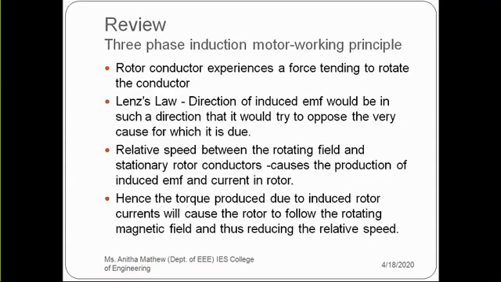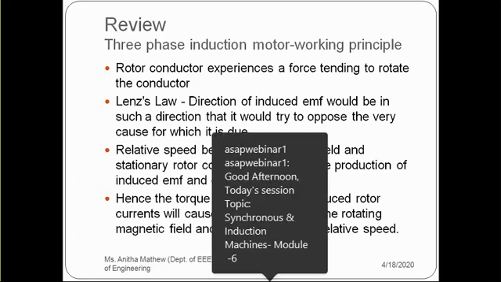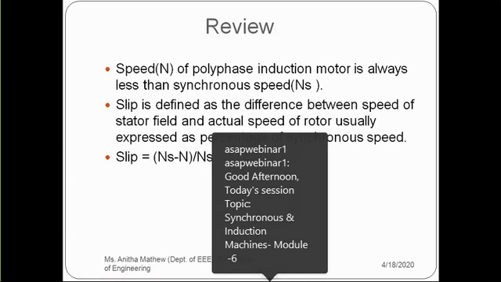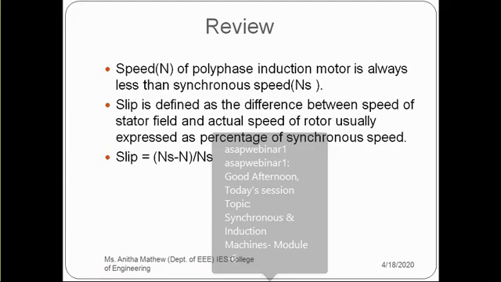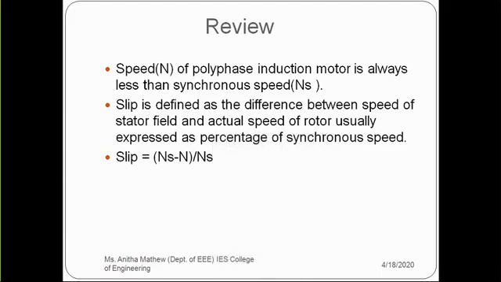Another important thing is the slip. Slip is the difference between the speed of the stator field and the actual speed of the rotor. That is, there will be a difference in the synchronous speed and the rotor speed. Rotor speed is expressed as n, and the equation for slip is ns minus n by ns.